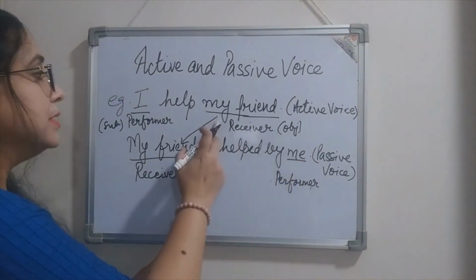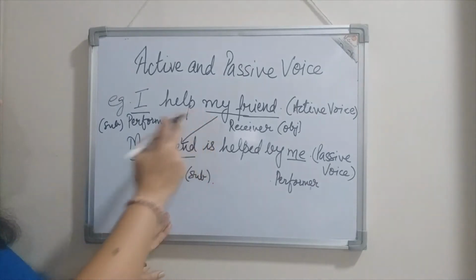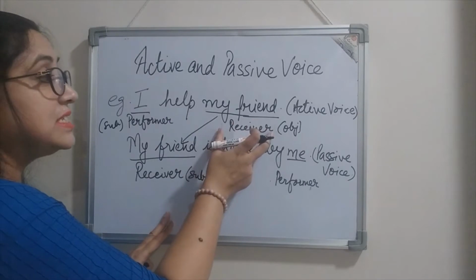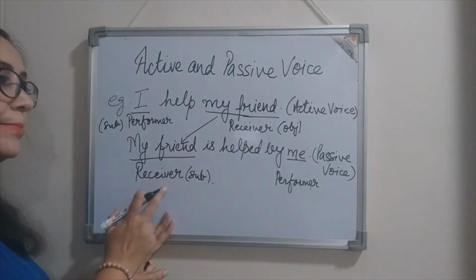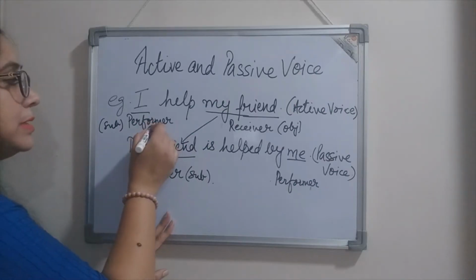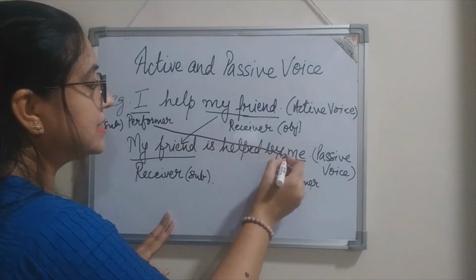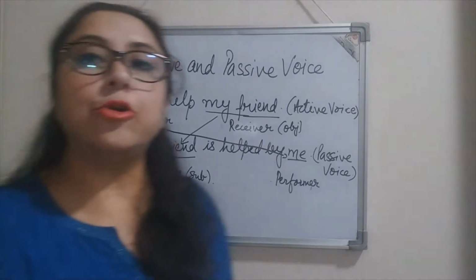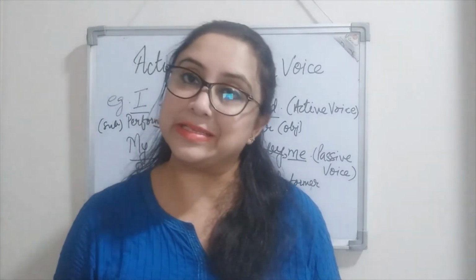So the object who's the receiver in active voice becomes the subject in passive voice, and the performer at the subject's place goes to the object's place in the passive voice. I hope all of you are very clear with active and passive voice.